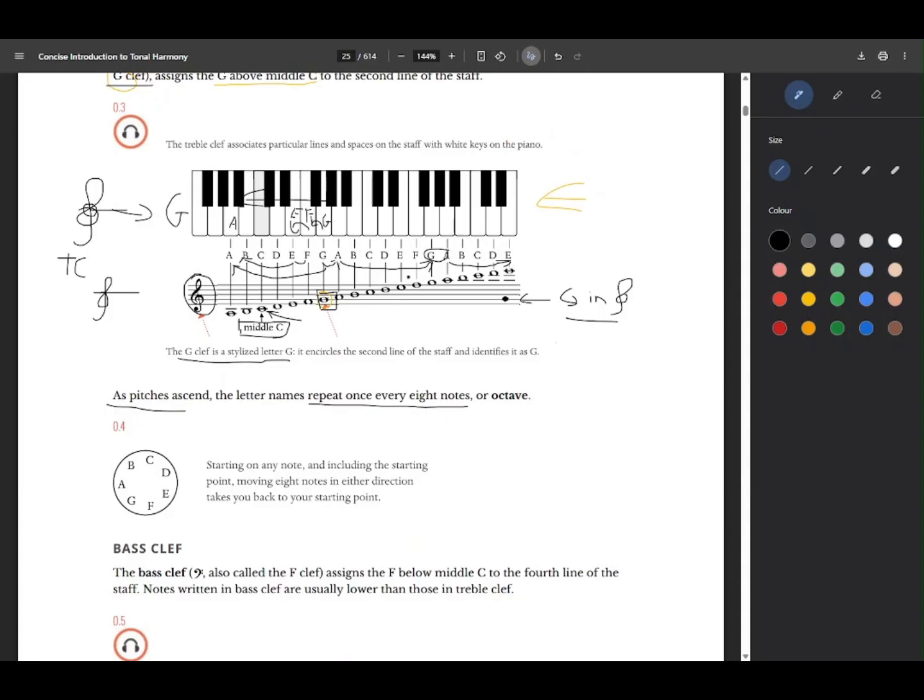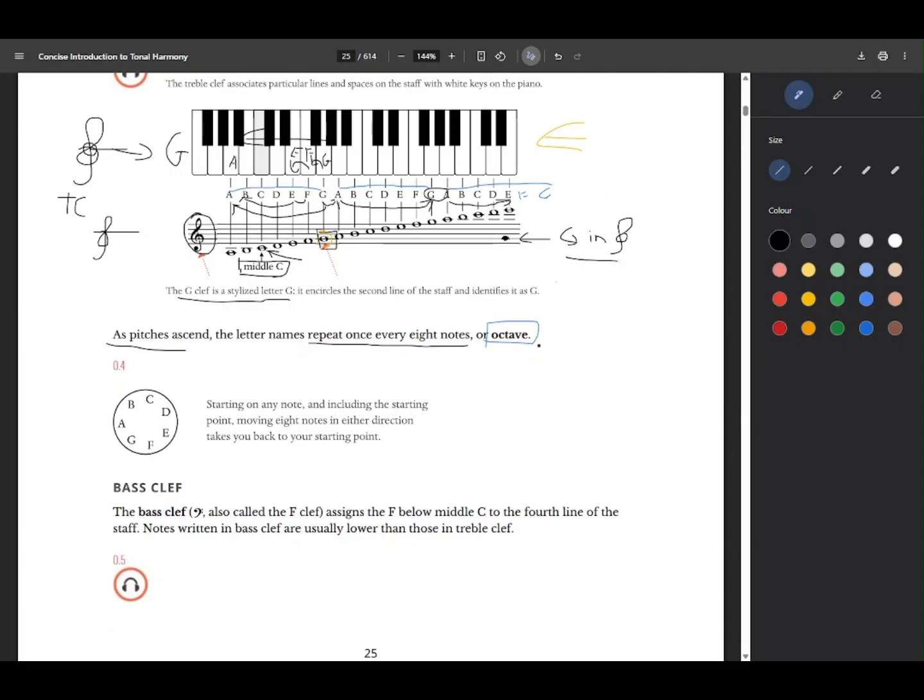So these that we've discussed here, these groups of A to G, F, G, A to G. These are called our octave, another very, very important term.